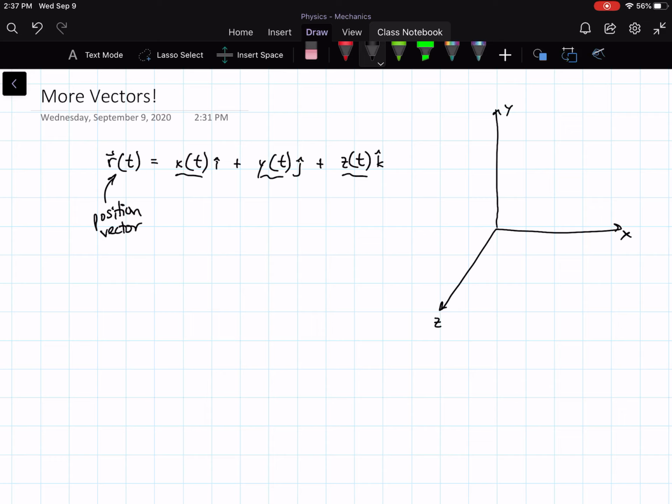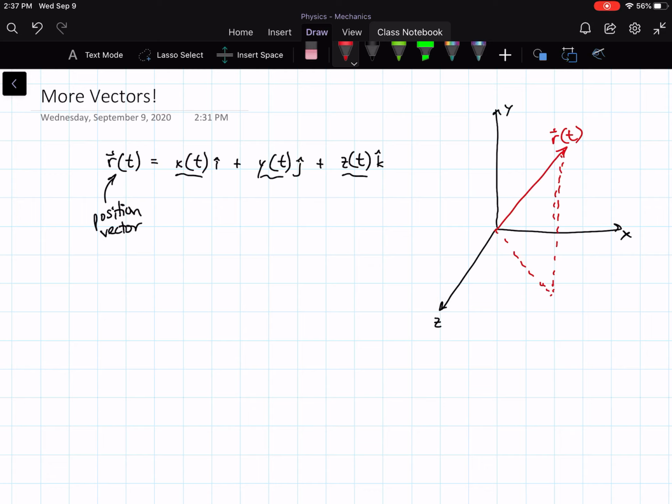And if you have a vector in that plane, let me grab a different color. So something like this. And we drop down just to make it clear sort of that it's over and above over here, okay? So that would be your R, potentially as a function of time, okay?